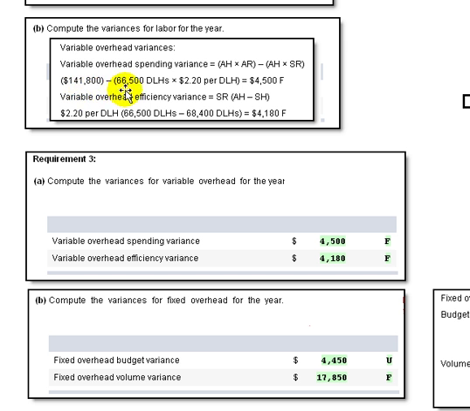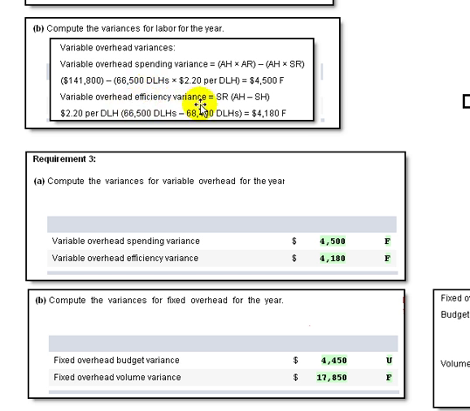Then we need to subtract off the 66,500 direct labor hours times the 2.20 per direct labor hour, right? That gives us our standard component, and we wind up with 4,500 of a favorable variance. And it's favorable because the actual hours was less than the standard amount.